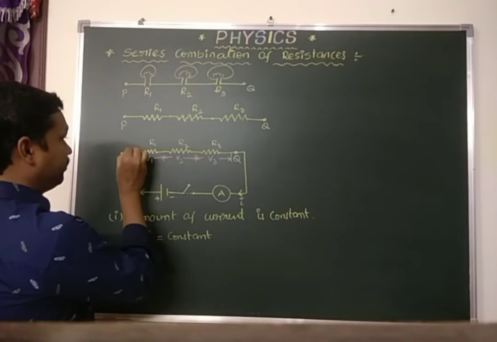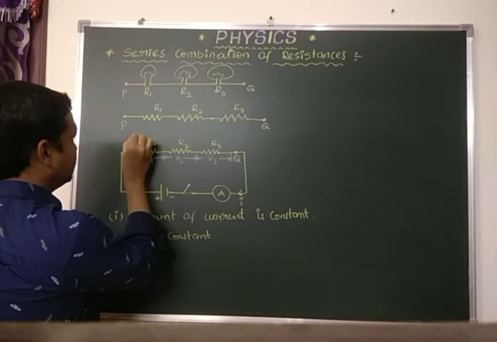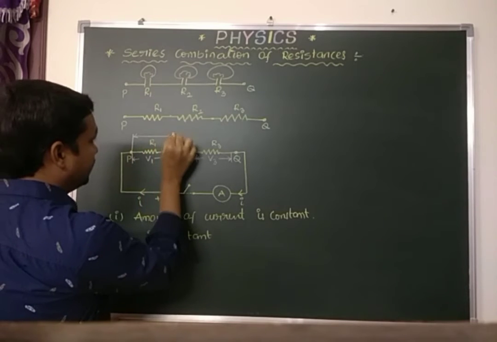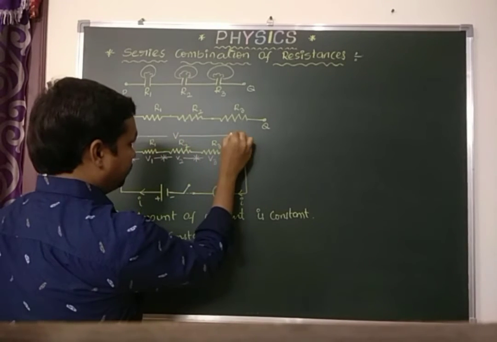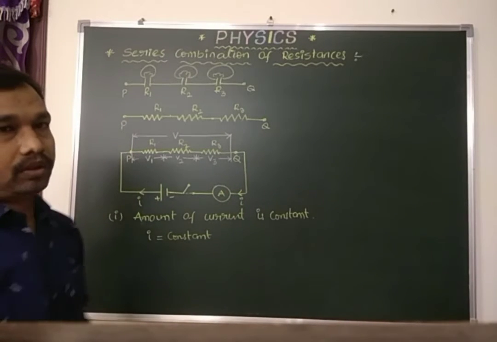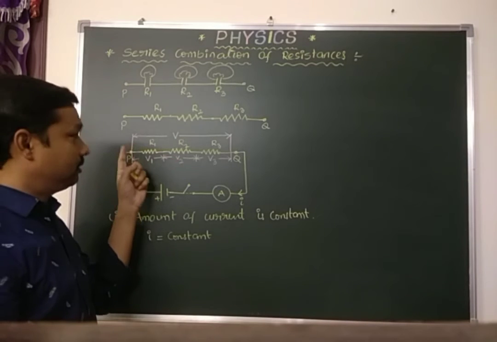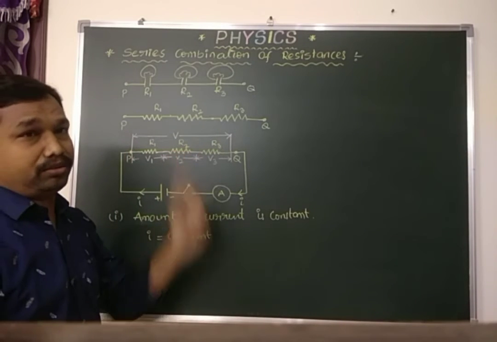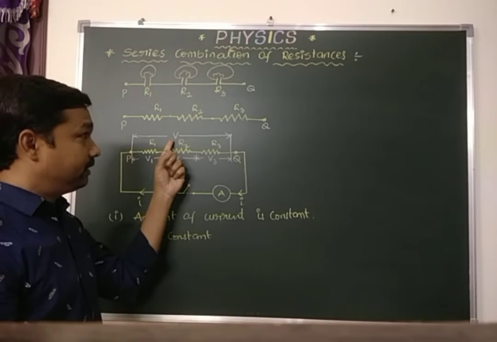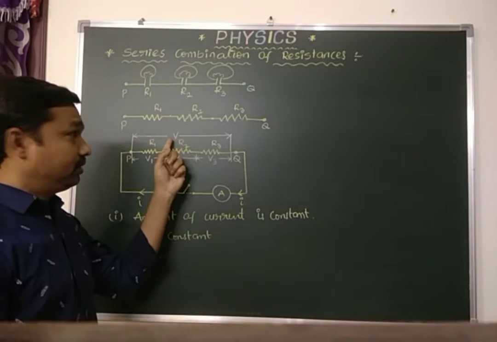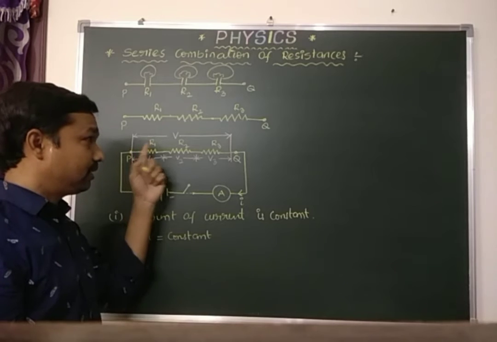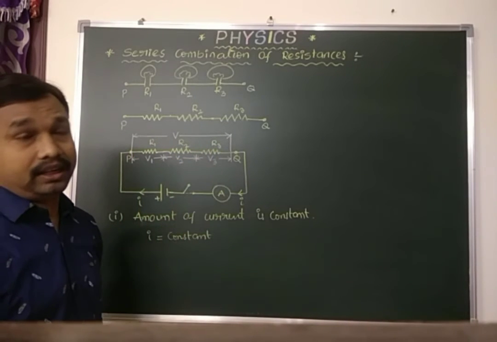And right now I am going to find the potential drop across the resistances R1, R2, R3 combined together, which is V. If we find the potential drop across this series combination, it is V. If you observe carefully, the potential difference across the series combination, V, is nothing but the sum of the potential drops across the resistances R1, R2 and R3.